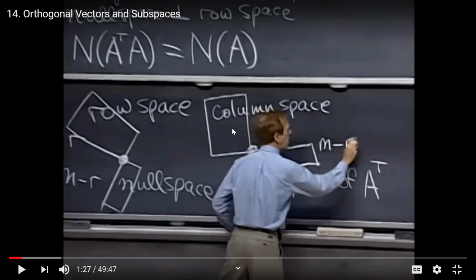This is convenient when we are trying to find the dimension or the basis of these subspaces. Row space and null space together give you the whole of R to the power n. Column space and left null space together give you the whole of R raised to power m.